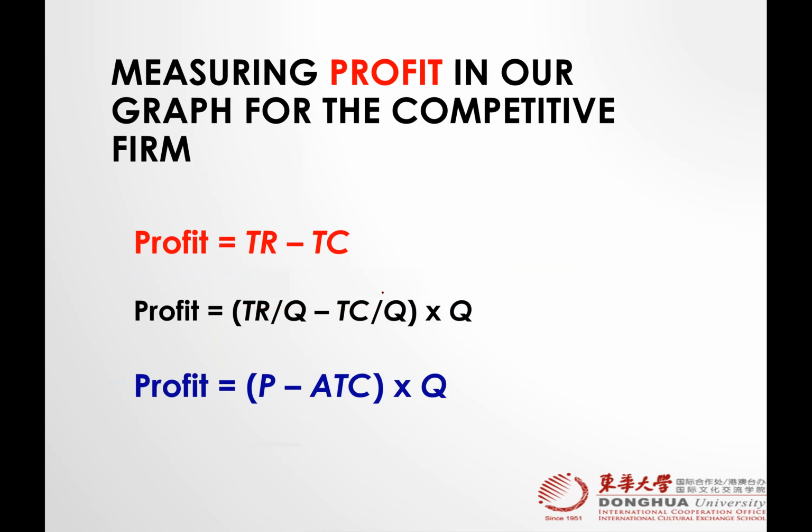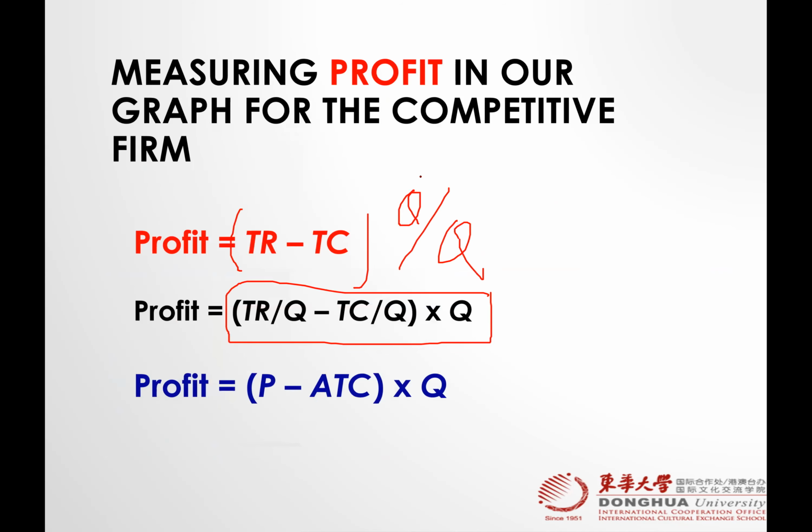So if you divide this equation by Q, it's a mathematical property, Q by Q. One Q, you take it inside. Sorry, you take that denominator Q inside, so it would be like this.